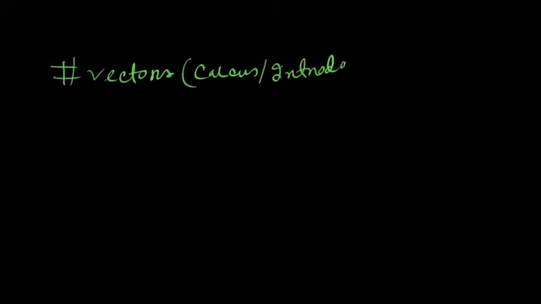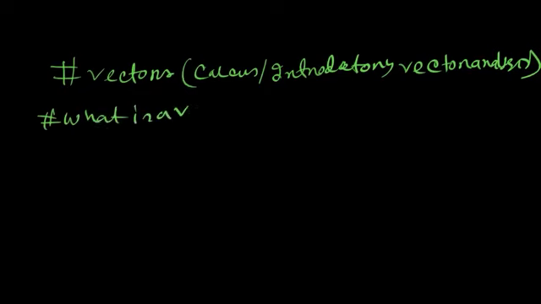So we want to start with the topic of vectors from our calculus courses, that is the familiar vectors that we see in introductory vector analysis or in a multivariable calculus course. So what is a vector?